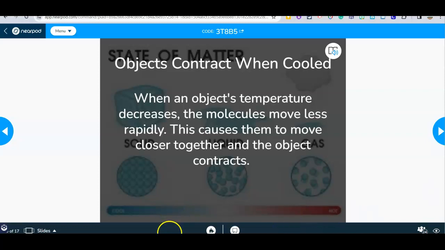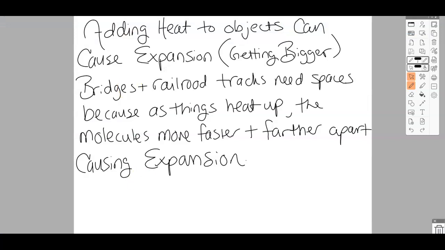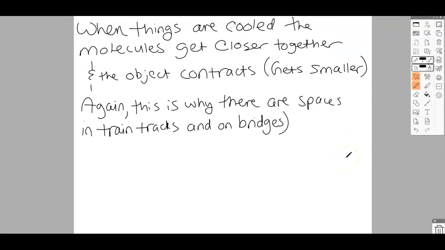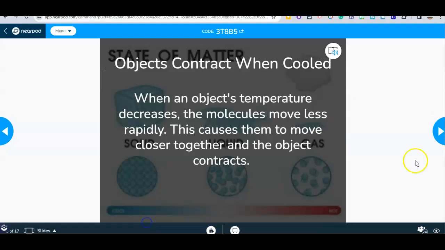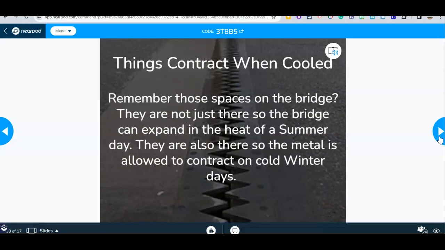So let's find the notes that we did on that. There it is. When things are cooled, the molecules get closer together and the object contracts. It gets smaller. Again, this is why there are those spaces on the train tracks, and again, same thing for those spaces on the bridges.